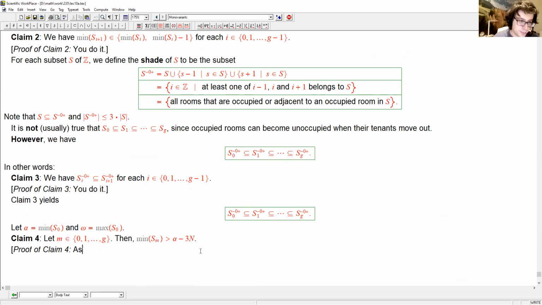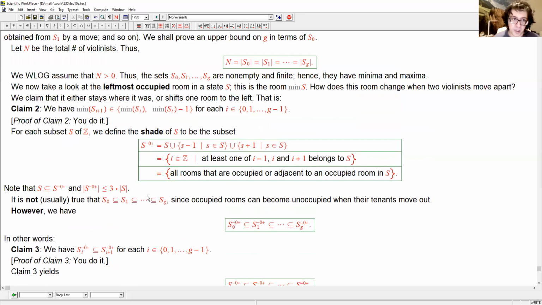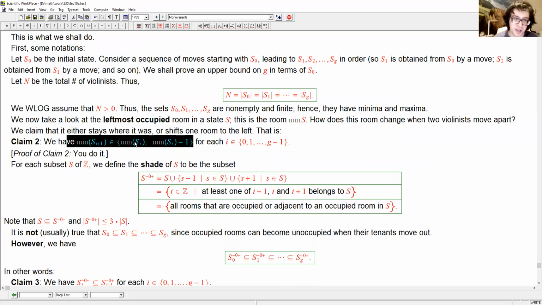So how does this work? Consider what happens to the leftmost occupied room between S_0 and S_m. Claim 2 shows that every time two violinists move apart, the leftmost occupied room either stays the same or moves left by 1.